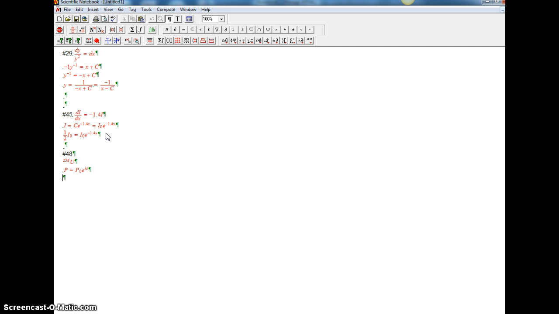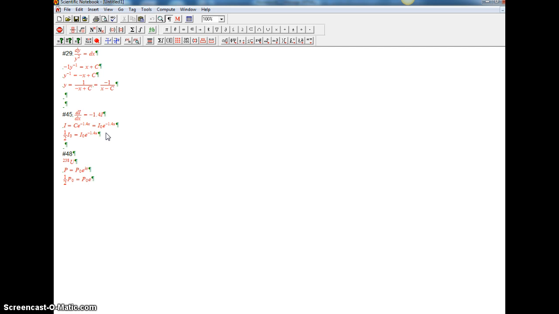We plug in the fact that 4.51 times 10 to the 9 years is the half-life, which means we're going to have half of whatever our starting amount was. And again, we don't know what our starting amount was. Turns out it doesn't matter.